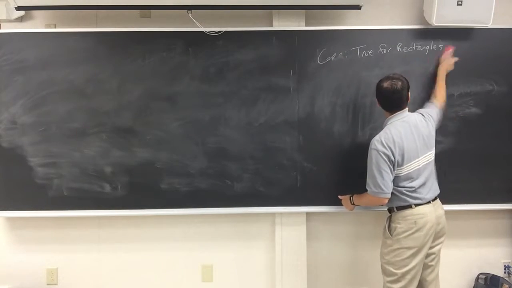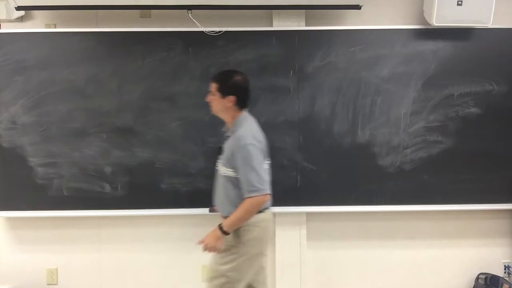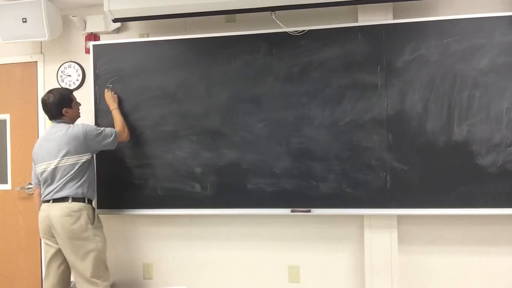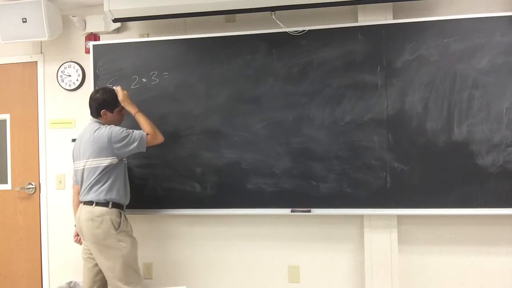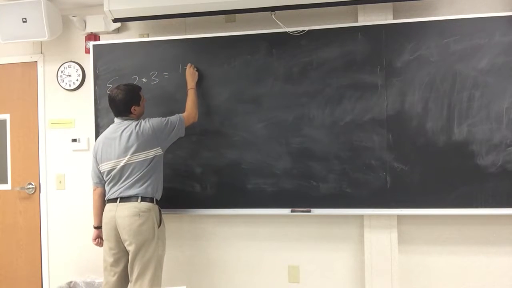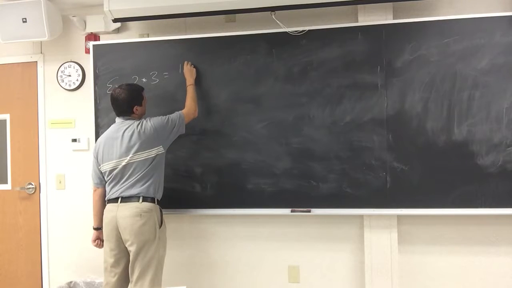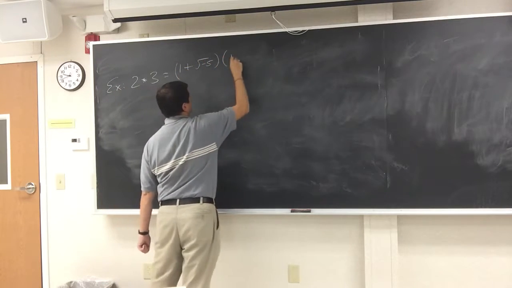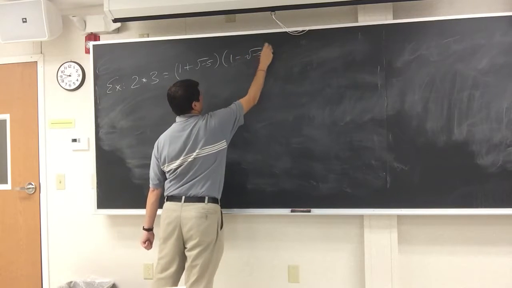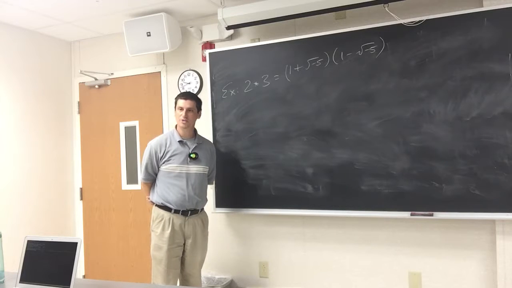And so there are other spaces where unique factorization fails. Example: 2 times 3 is 1 plus the square root of negative 5 times 1 minus the square root of negative 5. So this is 2 different ways of decomposing 6.